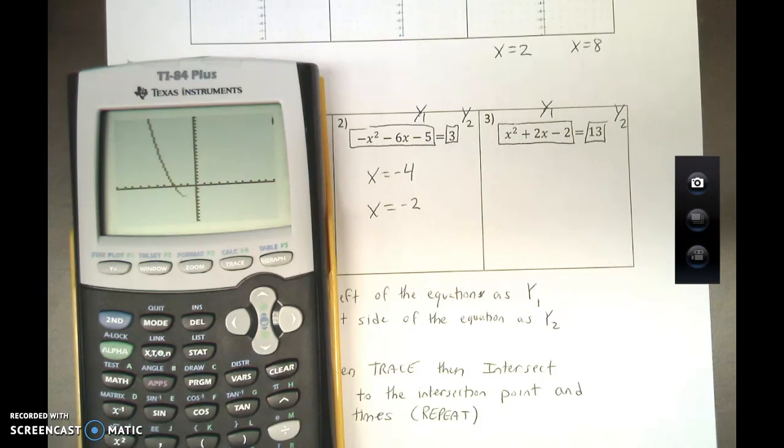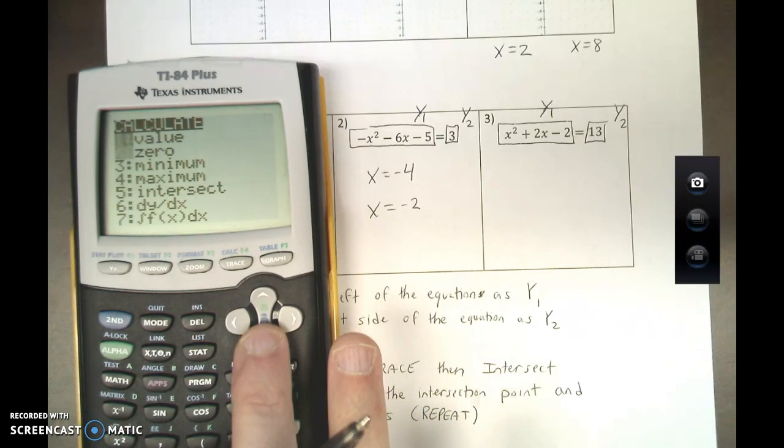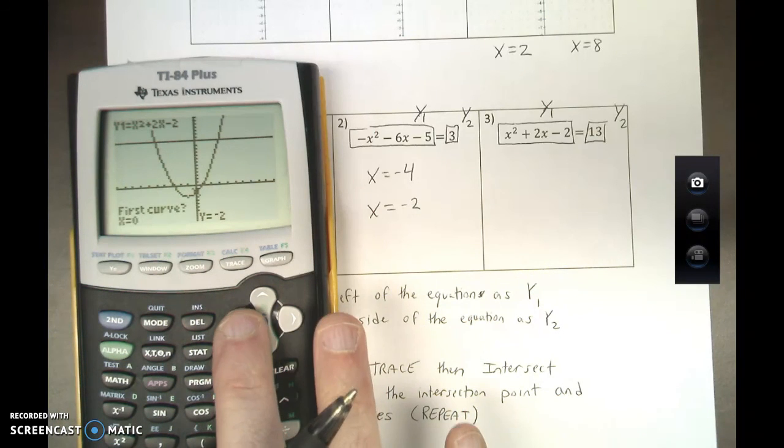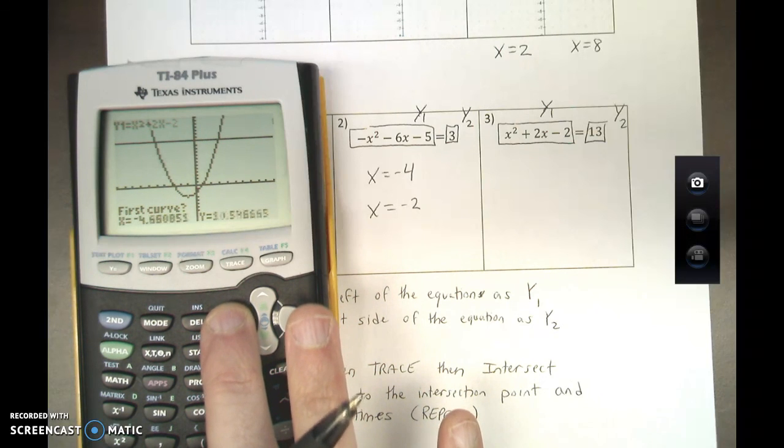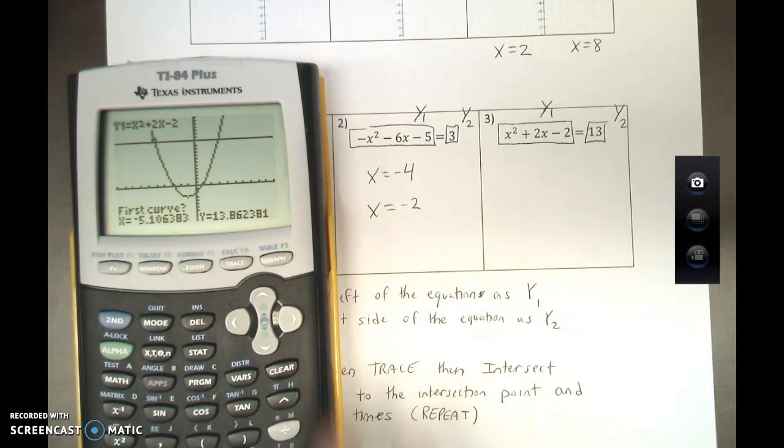So now when I regraph it, I can see where it's crossing. So I'm going to hit second, trace, intersect, like we've done before. Move that cursor over as close as I can and press enter 3 times.